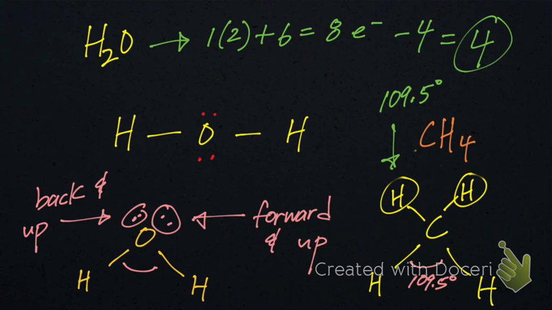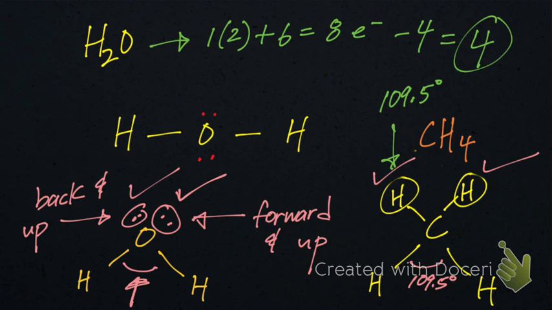The interesting thing, and this is very important: these lone pairs that are in place of the H's actually take up more space than the H's. They're bigger and stronger, and the electrons there push this angle tighter, making it smaller. For every lone pair, it pushes this angle tighter by 2.5 degrees.